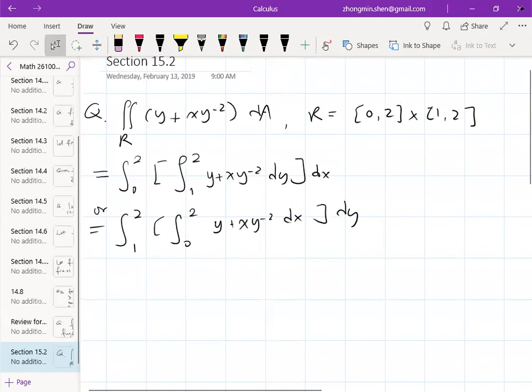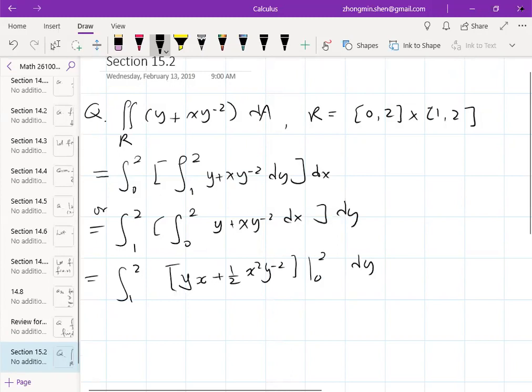For example, in this case it doesn't matter. I can begin with the second one. Then you have to find the antiderivative of that function with y fixed. So y is a constant, and the antiderivative will be in this form, from 0 to 2, and then dy.